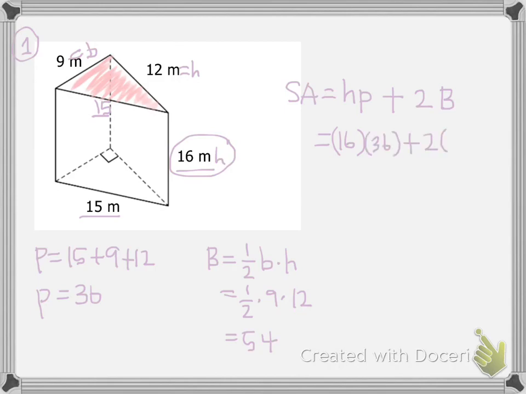And then 2 times your area of your base, which is 54. So 16 times 36 is going to be 576, and then 2 times 54, which is going to be 108. So that's going to be 684 meters squared.